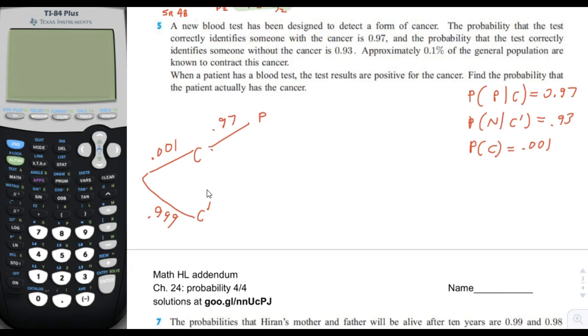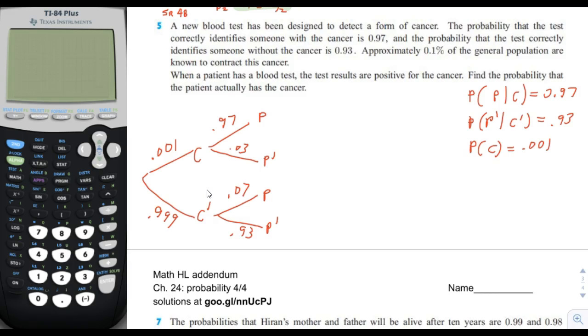The probability then that they are incorrectly identified is 0.03. And the probability that they are correctly identified, instead of N, I'm going to put P dash, okay? The probability that it's P dash, given that it's C dash, is 0.93. And this would be 0.07.